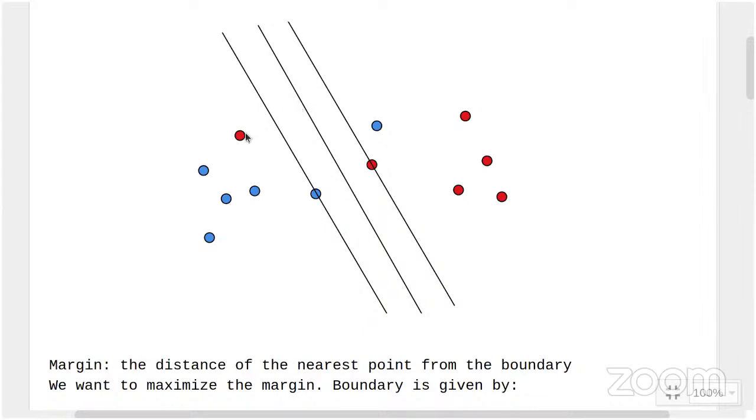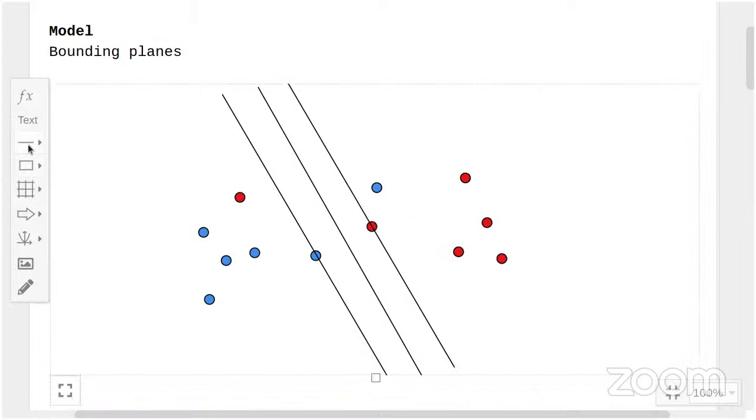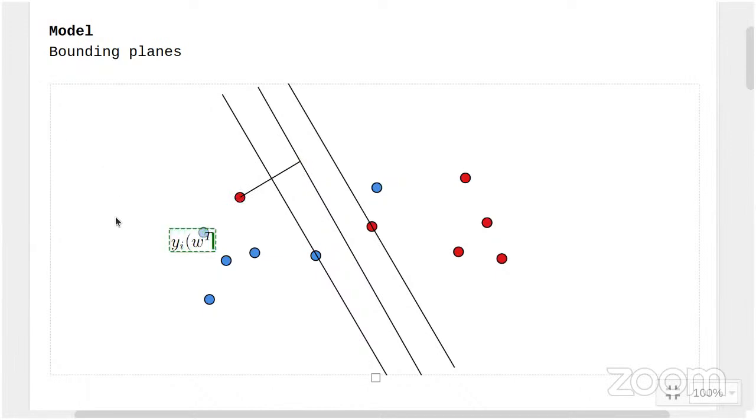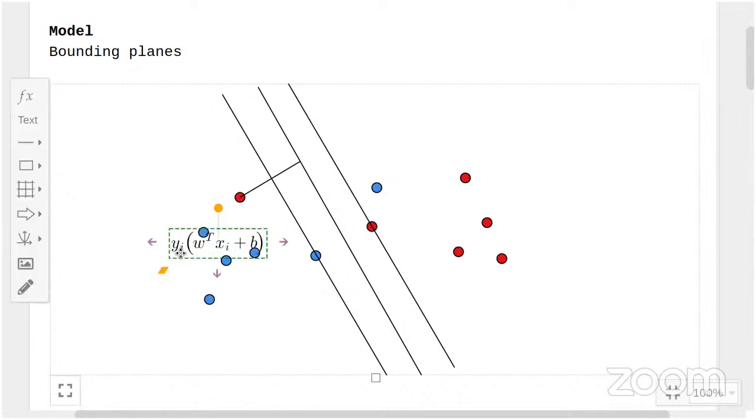I hope you get it. This is a signed distance, right? So this will be negative.